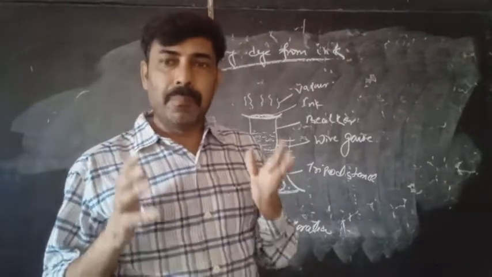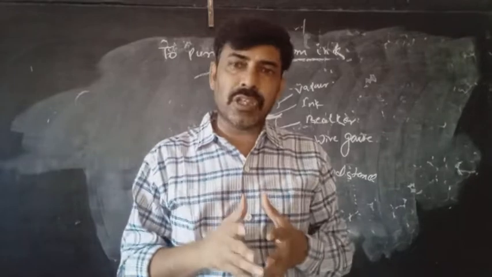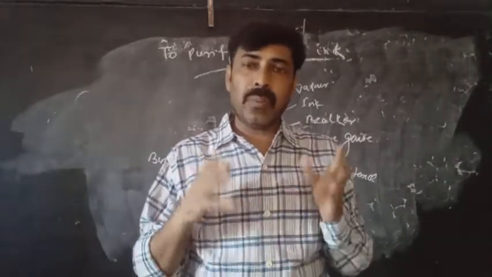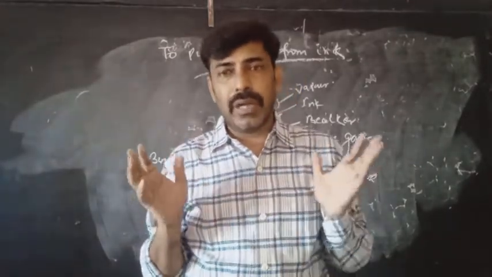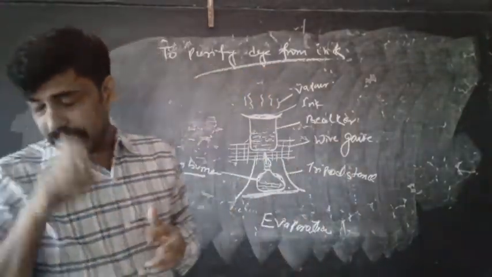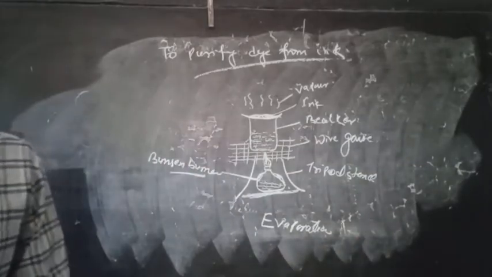Ink is basically a dye which contains some other species, and these other species are generally volatile by nature. And if we are capable of removing those volatile substances from the ink, we will get the pure dye. For the purification of the dye, we arrange the equipment according to this one.